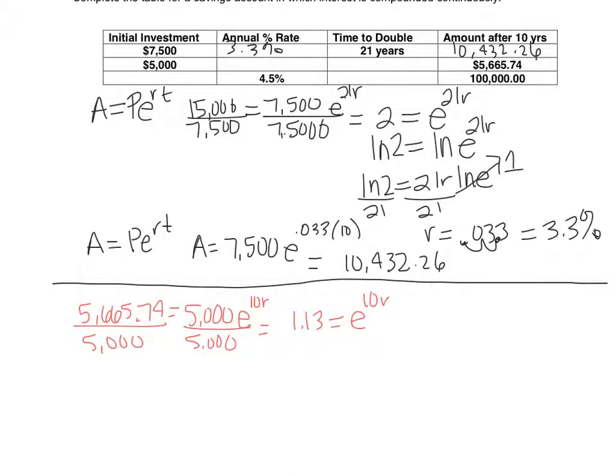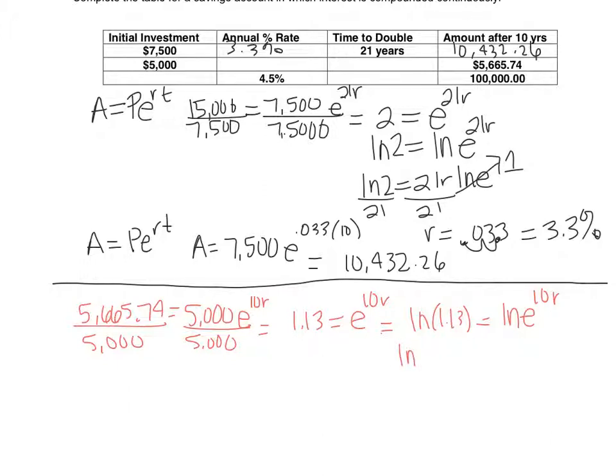And then think about from here, in order for me to drop that 10r down, I've got to take the log of both sides. So I'm going to take the natural log of both sides because of the e. So I have ln of 1.13 equals ln of e to the 10r. Now using our log rules, again, we want to drop that 10r down in front.